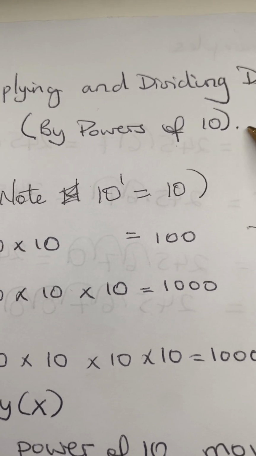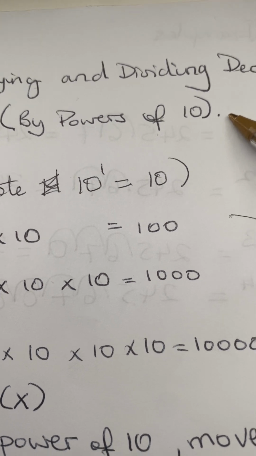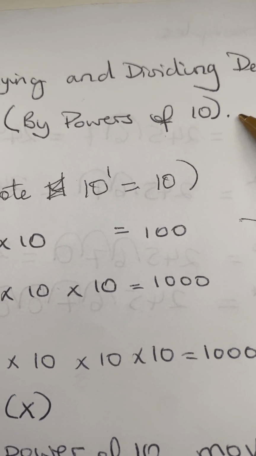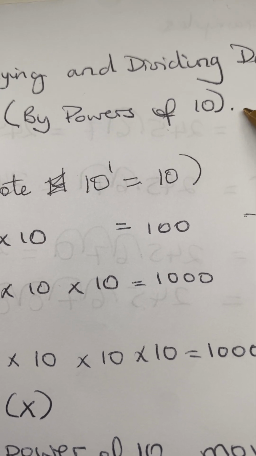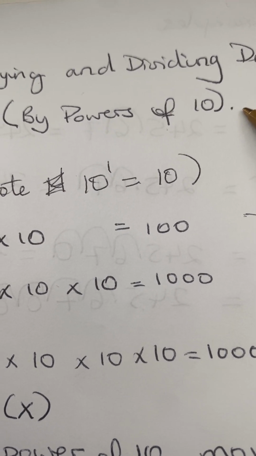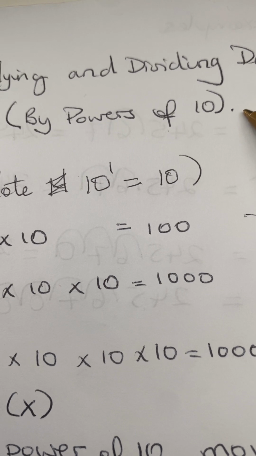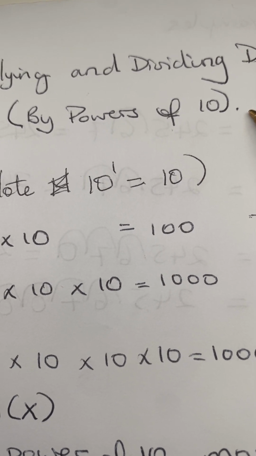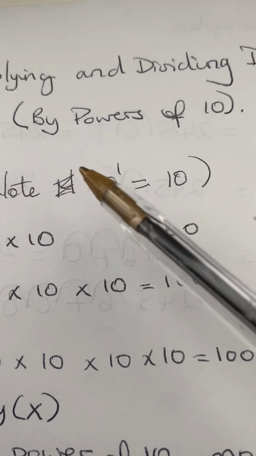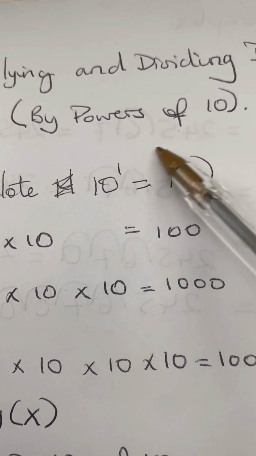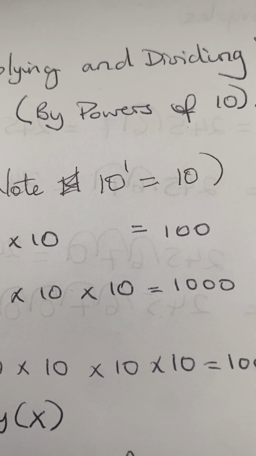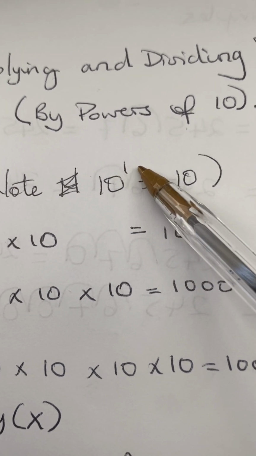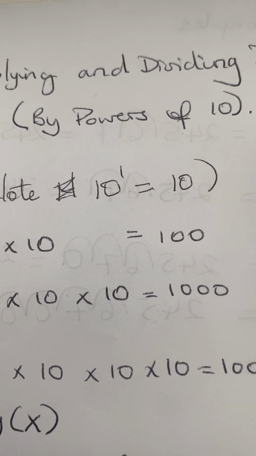Okay, earlier on, when we were looking at prime factors and I was introducing the mathematical symbols, I showed you 2 to the power 2 is the same as 2 times 2. 2 means 2 to the power 1.